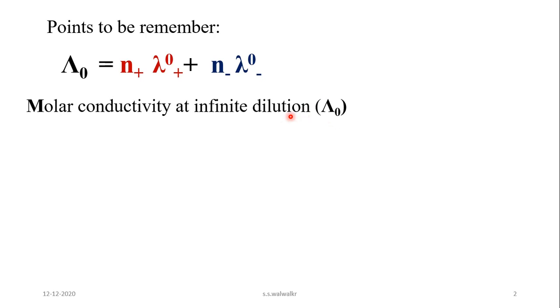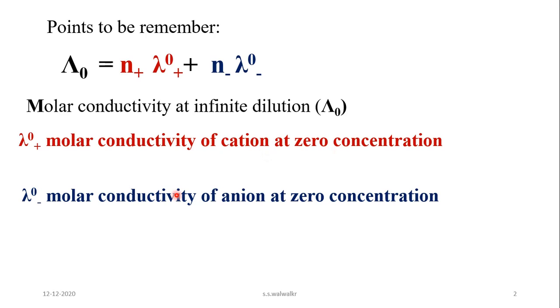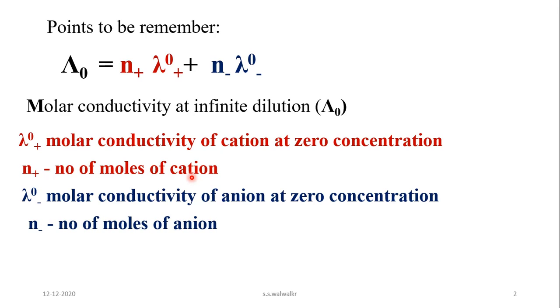Lambda 0 is the molar conductivity at infinite dilution or zero concentration. Small lambda 0 plus is the molar conductivity of the cation at zero concentration. Small lambda 0 minus is the molar conductivity of the anion at zero concentration. n plus indicates the number of moles of cation and n minus indicates the number of moles of anion in the formula. So this is very important.